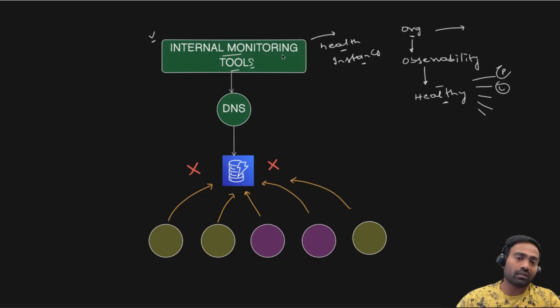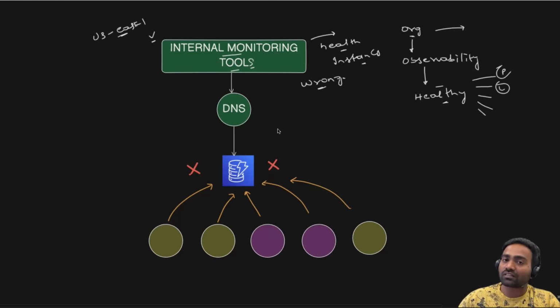Within AWS, they can have multiple internal monitoring tools within a region, or they might have a single monitoring tool within a region, which is not very clear. But within US East 1, the monitoring tool, which is part of US East 1, was the culprit because it was reporting wrong health analysis.